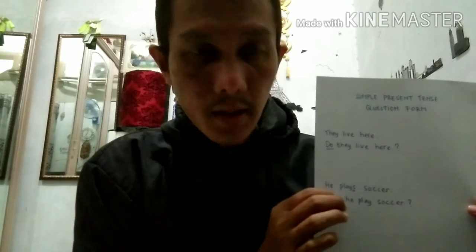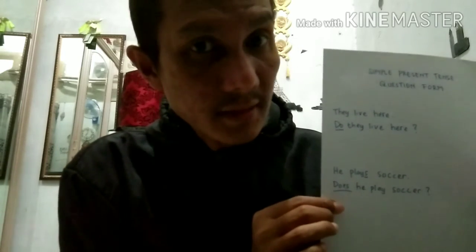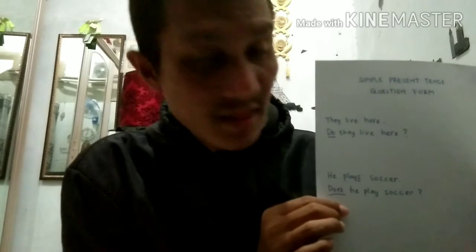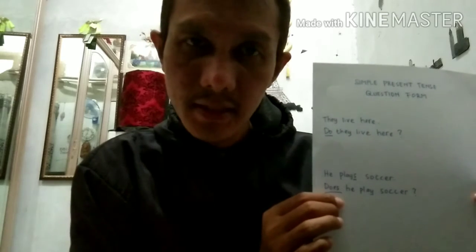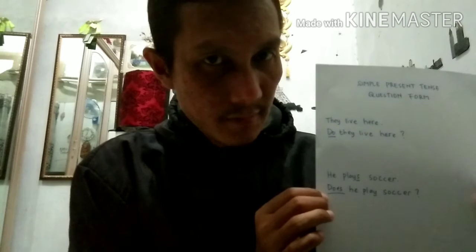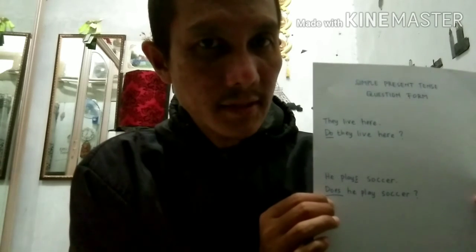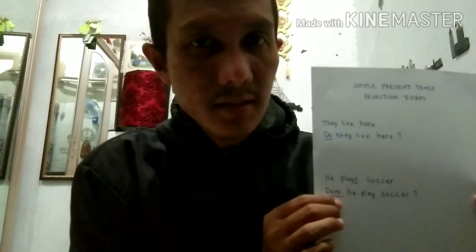Does he play soccer? Why doesn't it use s or es at the end of the verb? Remember, because it has does. You have to put does at the beginning of the question and a question mark at the end of the question. Don't forget, you put does for questions if the subject is she, he, or it.